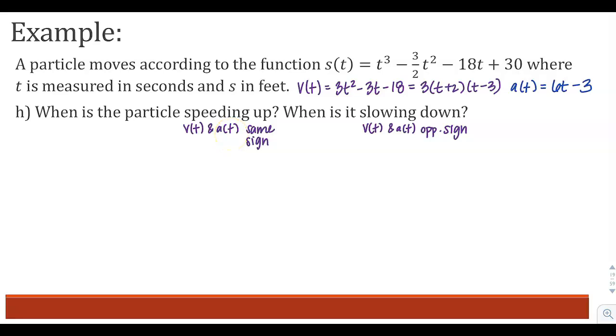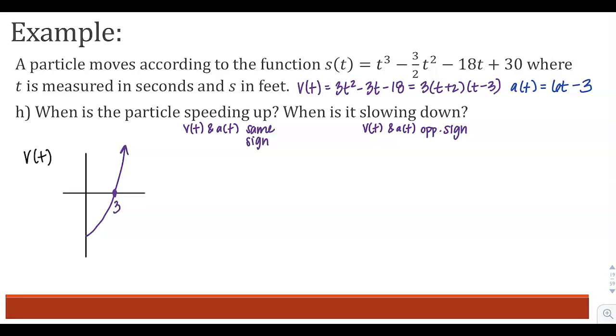First let's do a graphical approach, because we already started this process. If I want to analyze the graph of v of t, I already had a rough sketch of it. We're only concerned with times greater than 0. We had an intercept at positive 3.